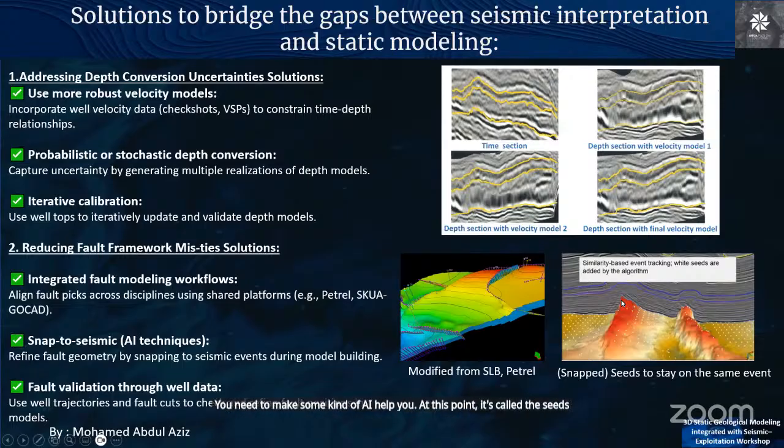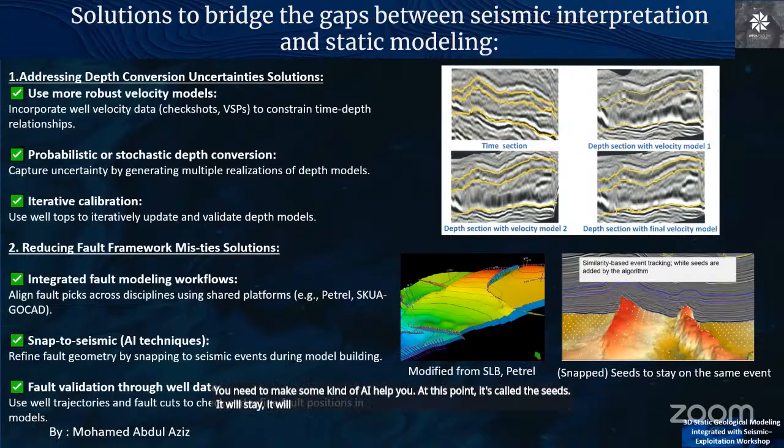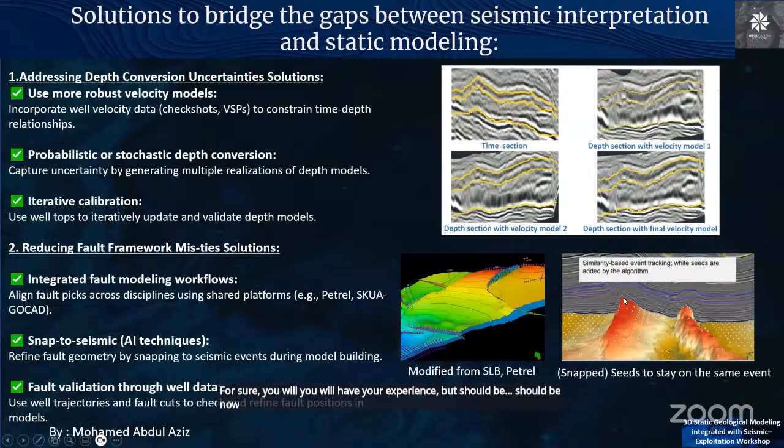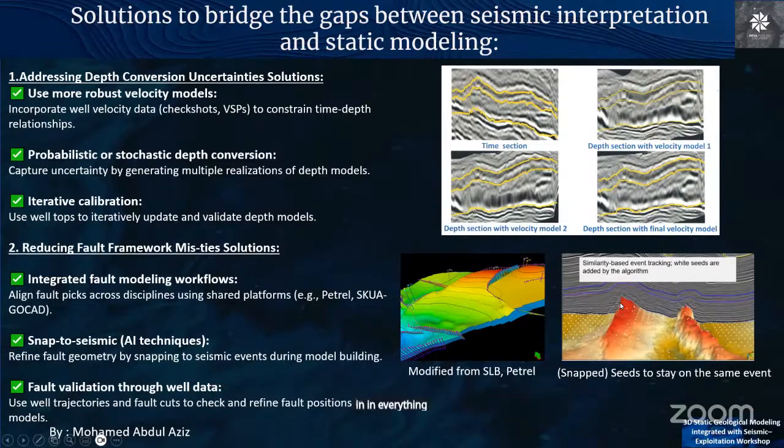It will keep you on the same event. This saves time and improves accuracy. For sure, you will have your experience, but now we are in the AI era, in any scope in seismic, in our world, in everything we have AI. So we have to use it.